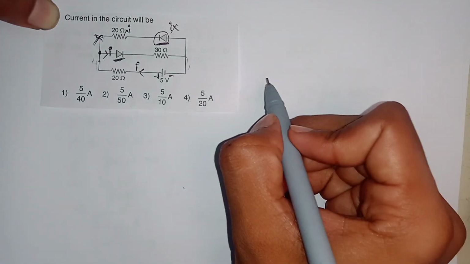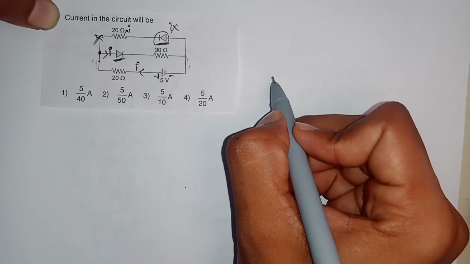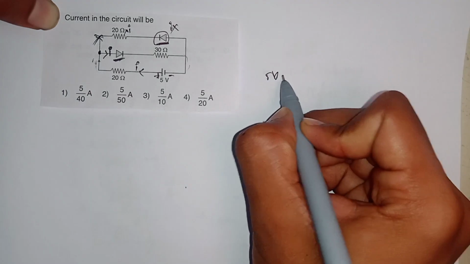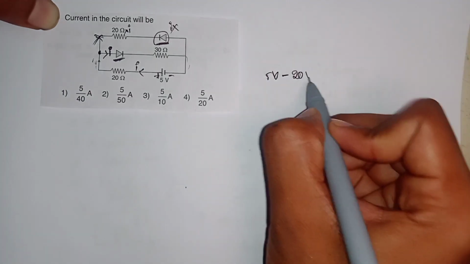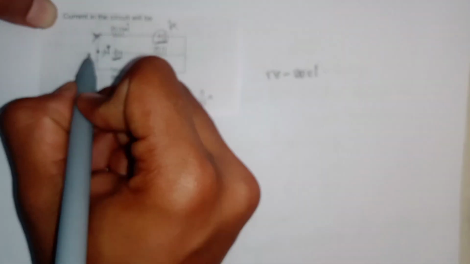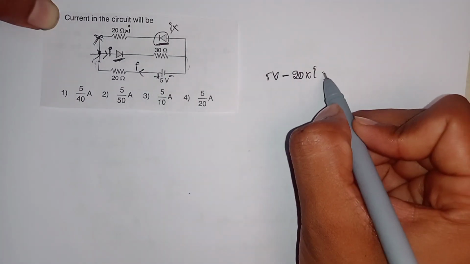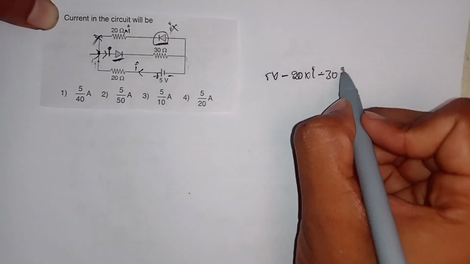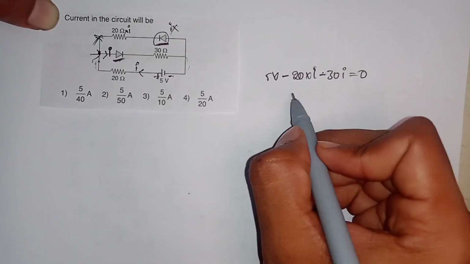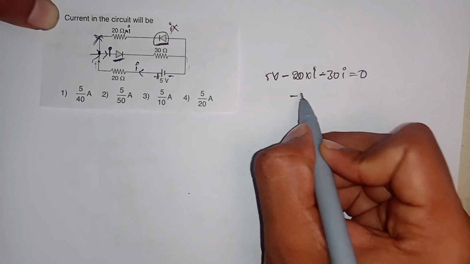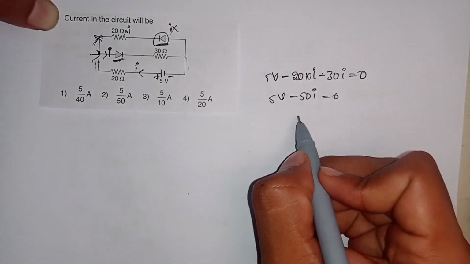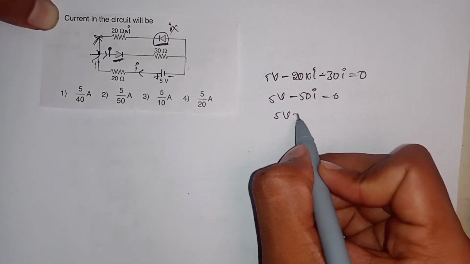From that, we can write the expression now. There is a 5 volt, and minus 20 into I, forward bias, taking this circuit, minus 30I is equal to 0. So 5 volt minus 50I is equal to 0, 5 volt is equal to 50I.